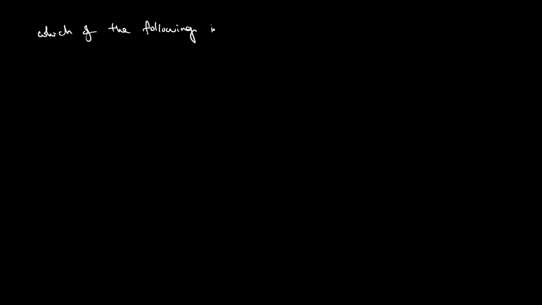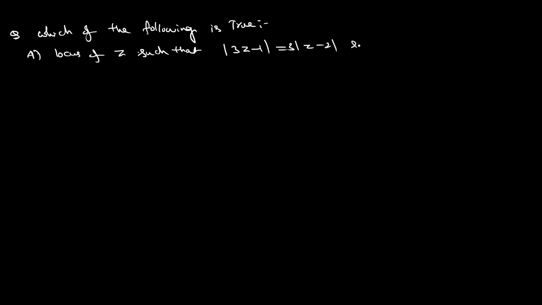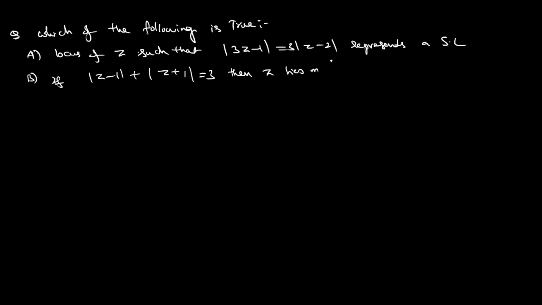Which of the following is true? Another question. A. The locus of z such that modulus of 3z minus 1 is equal to 3 times modulus of z minus 2 represents a straight line. B. If modulus of z minus 1 plus modulus of z plus 1 is equal to 3, then z lies on a hyperbola.